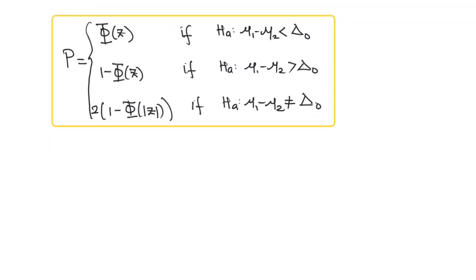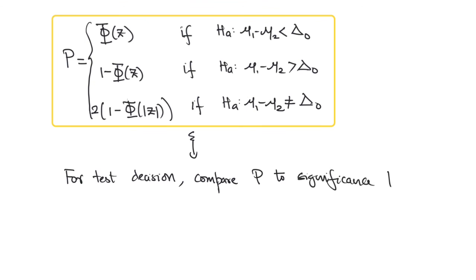Note that phi in this case is the cumulative distribution function for the standard normal distribution, and the test decision in this case would be arrived at by comparing the p-value to the significance level alpha.